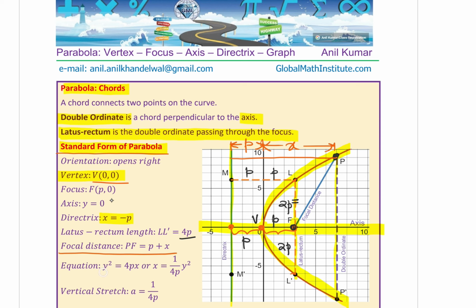It is y squared equals 4px, or it can be written as x equals 1 over 4p times y squared, where the stretch factor a is equal to 1 over 4p. So that is the equation which we are interested in. So let us derive this equation now.